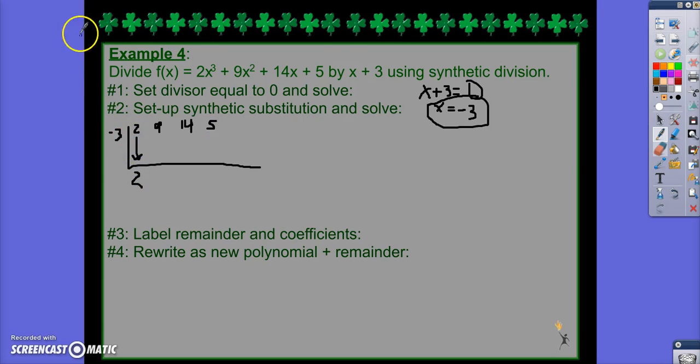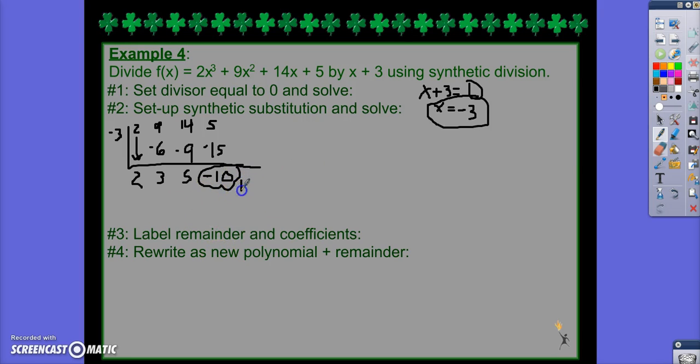Every time that number's out here, multiply it by the negative 3, negative 6. 9 minus 6 is 3. Negative 3 times 3 is negative 9. We get 5. And negative 15, which is negative 10. So here's step 2, actually doing synthetic substitution.